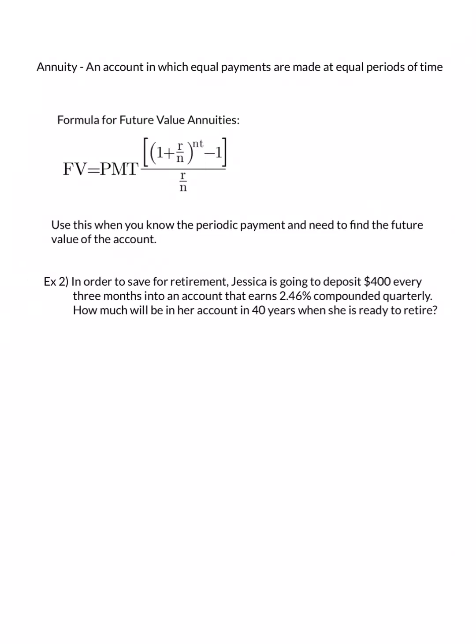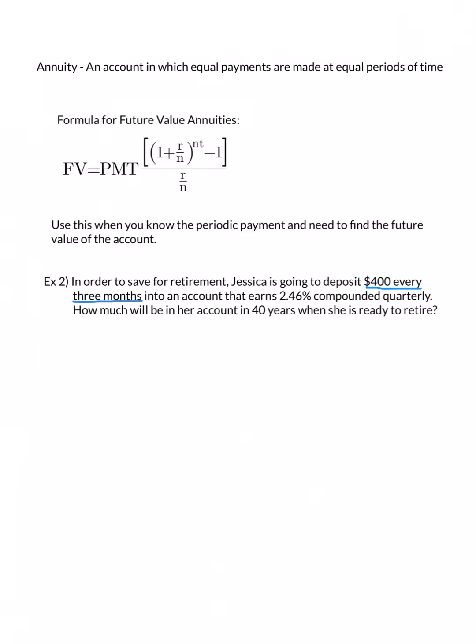Things to watch for on this to help you decide that it is this formula and not the first formula. We are depositing $400 every 3 months. If you think about that wording, that's telling you this is happening more than once. That's the key difference between this formula and the last formula. Deposits happen more than once.